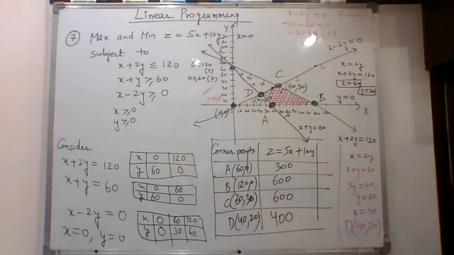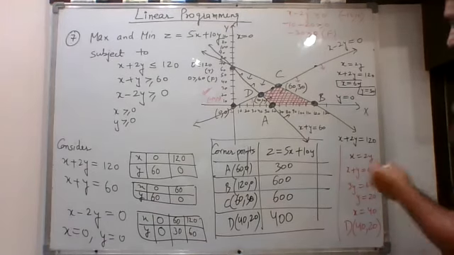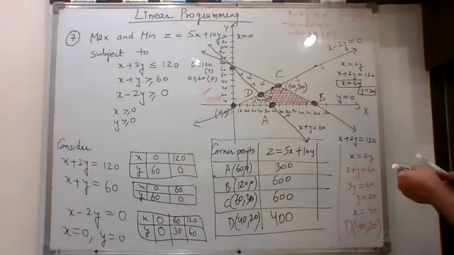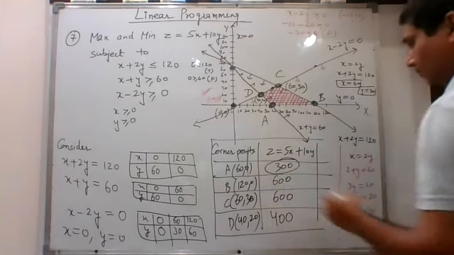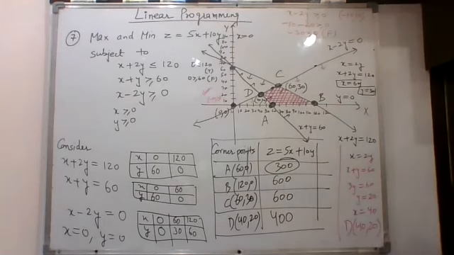Now we have to see where the maxima exists and where the minima exists. Clearly 300 is the minimum. So the minimum will exist at x equal to 60 and y equal to 0, and the minimum value of Z will be 300. This is how you will write for minima.